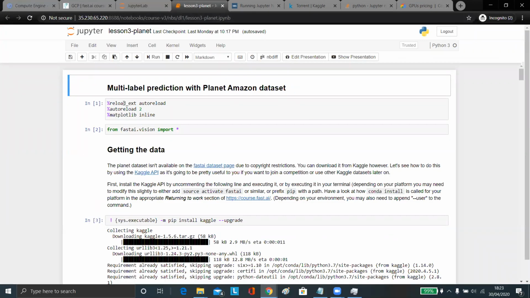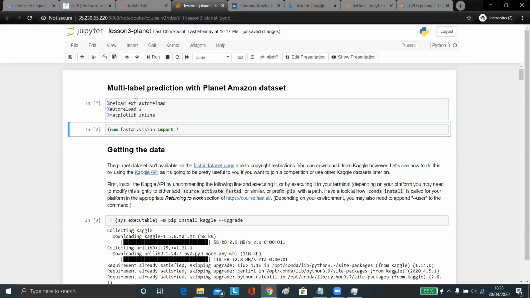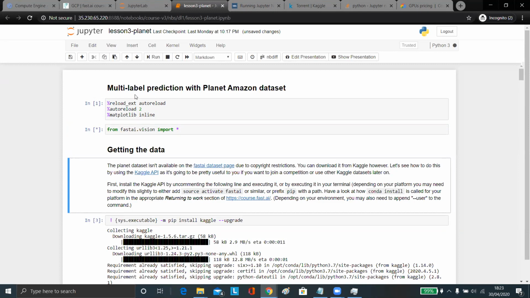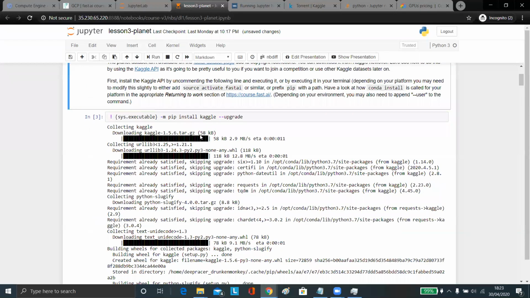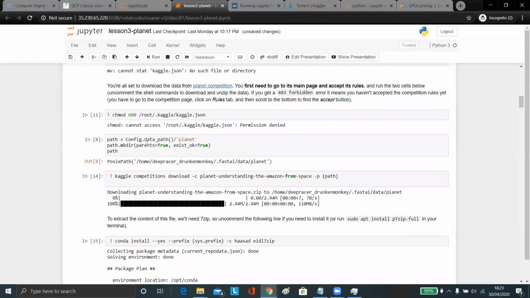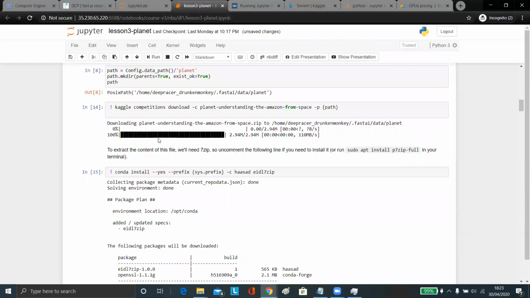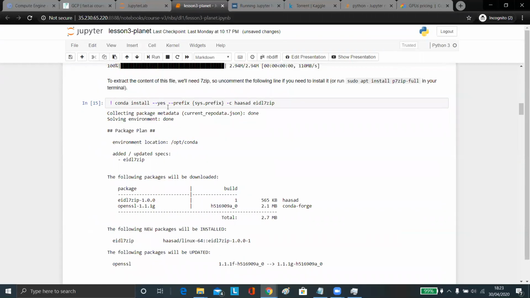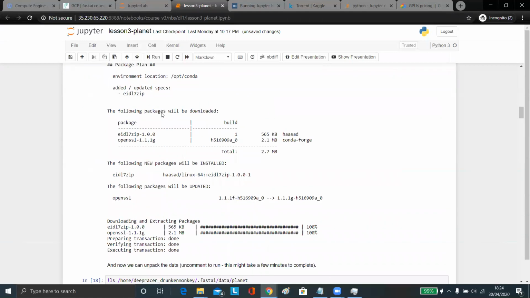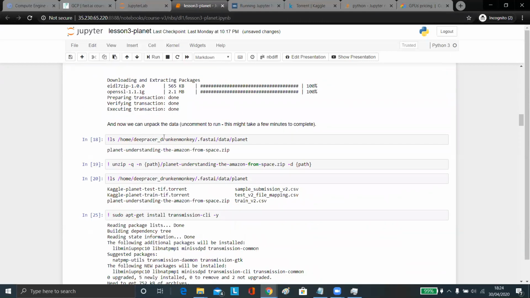Okay. All right, so I'm assuming the headers will run the same. We probably want fast AI. We don't need to do the getting the data stages because I've already done that. And we don't need to do the unzipping because that's already been done.